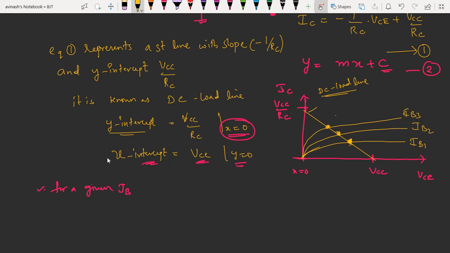The operating points are the points of intersection of the characteristic curves and the DC load line.